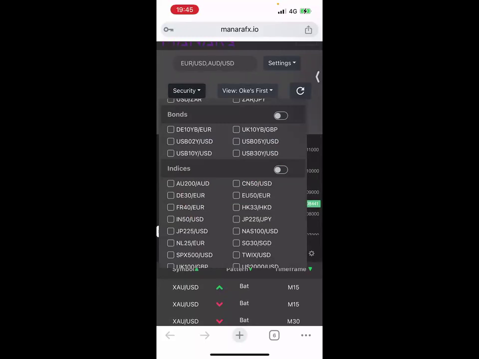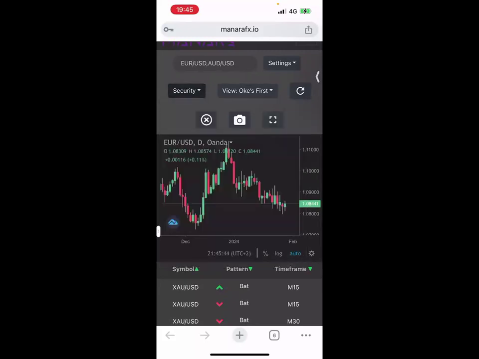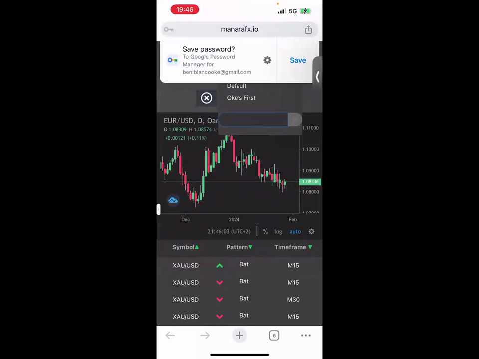Great. So let's save the setup we just did. Right. So click the drop down that says view. Click on it. We want to save this new setup we have. So name it, so you know that it's not the first setup.